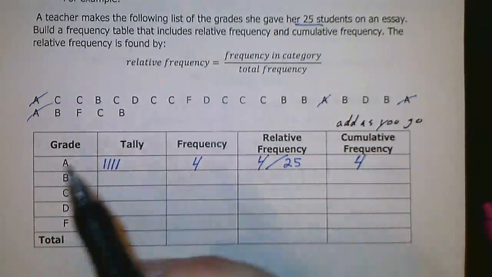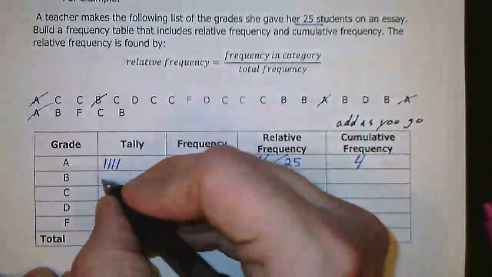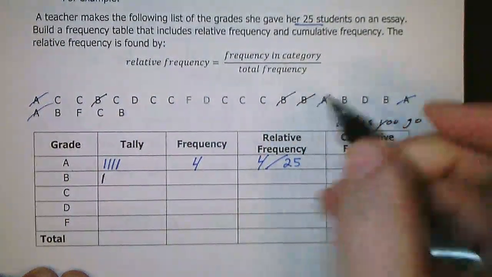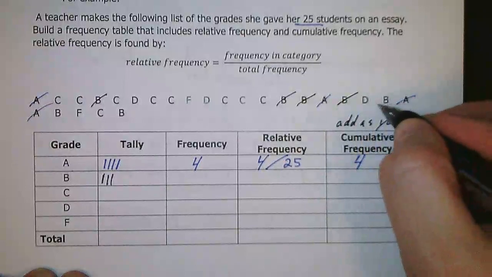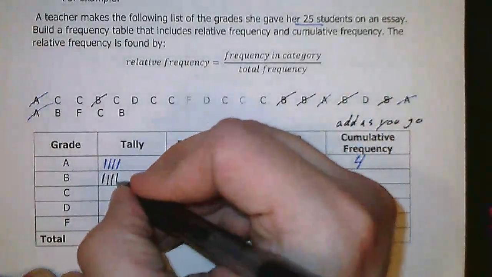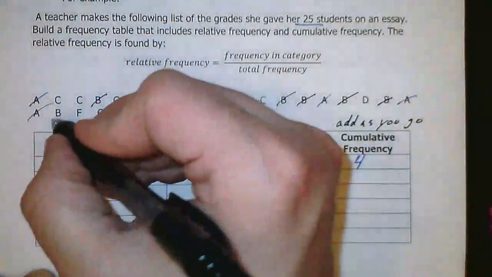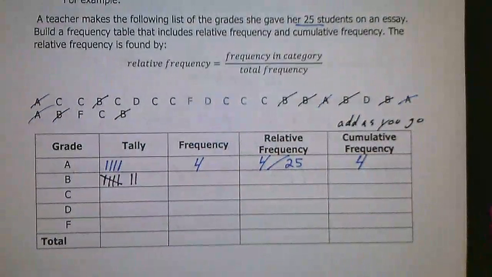Now, how many students had B's? As you cross it out, put a tally mark. I'm crossing out 2. I put 2 tally marks. Here's 2 more. I make 2 tally marks, so there's 4 and there's 5. And then 2 on the bottom, 2 tally marks.